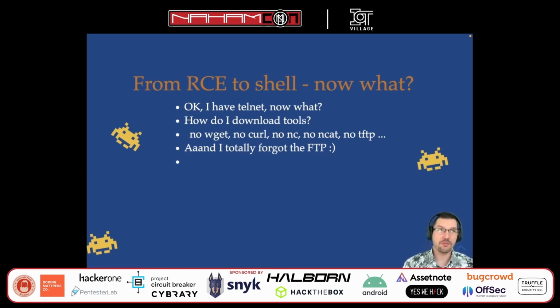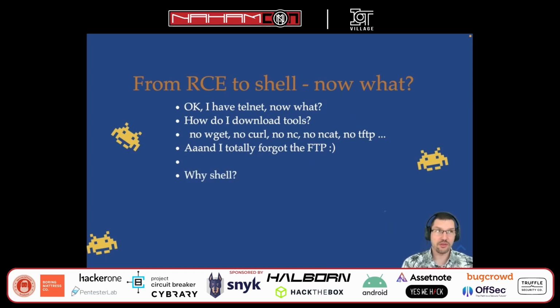And honestly, after I found a very nice and generic way to drop binaries on a restricted environment like this, I found out that, oh, I totally forgot that it has FTP. So anyway, I still find that the solution I will show you very soon is a good and viable solution, even in cases when you don't have FTP.